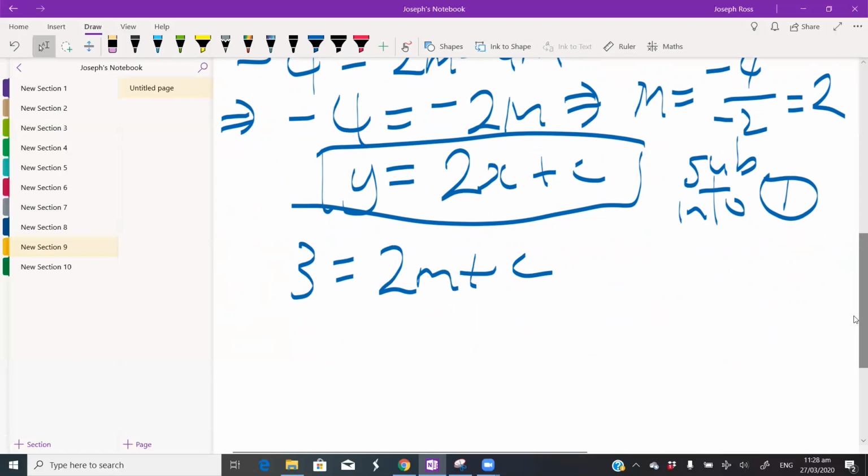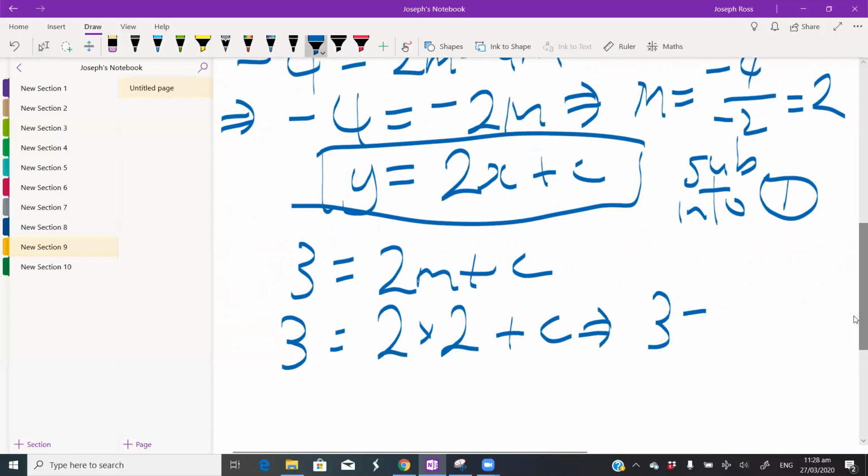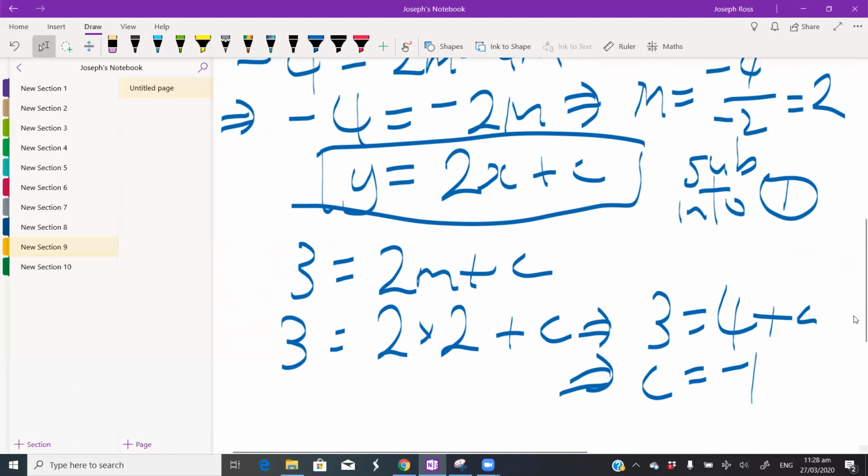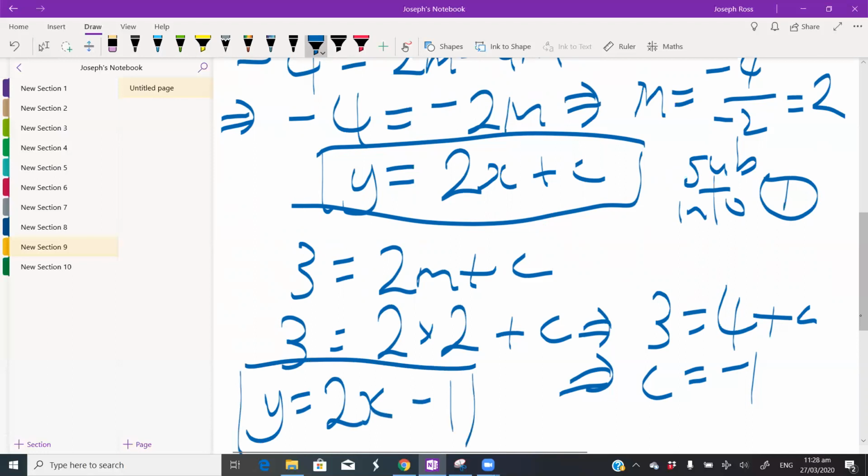So 3 equals 2 times m, and m we've already found to be 2, plus c, so therefore 3 equals 4 plus c, and therefore c is negative 1, and our equation is therefore y equals 2x minus 1 as your final equation.